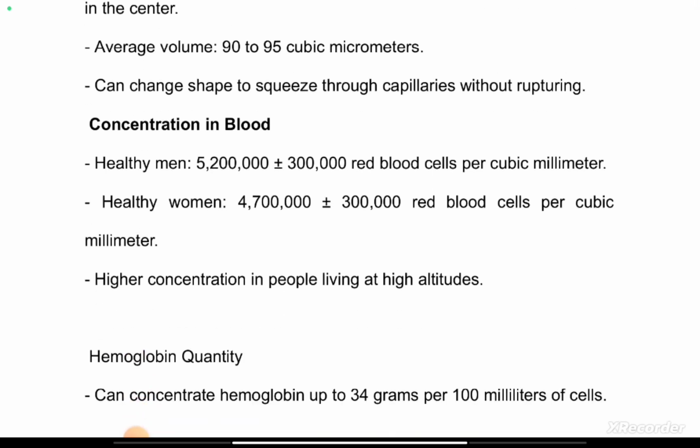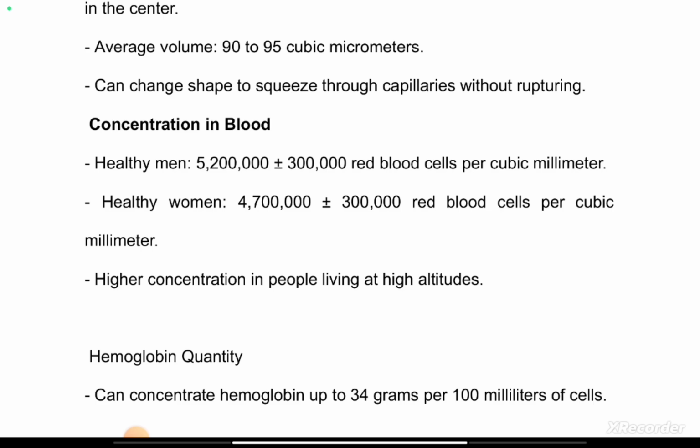Now, in terms of concentration of red blood cells in the blood, the amount is about 5.2 million per cubic millimeter. That is for the men. For the women, it is 4.7 million per cubic millimeter, which could be plus or minus 300,000.